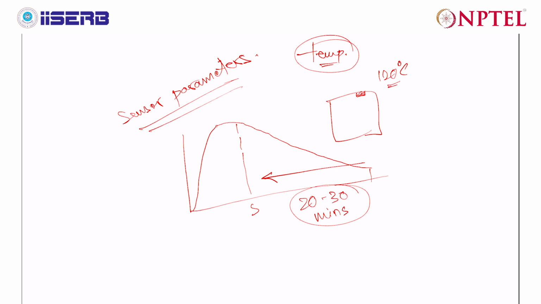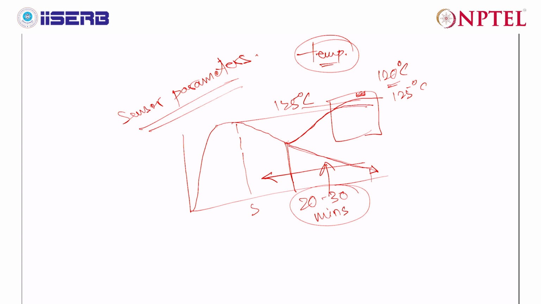Or even if you use it, even if the sensor is not recovered 100%, the sensor will again start rising from there and will reach the new value. If next time somebody is using it for say 125 degree centigrade, then you may find it is again going back to the 125 degree centigrade. Doesn't matter whether it is recovered or not, it is no longer needed, because in the next application again you are rising the temperature beyond 120 degree centigrade.